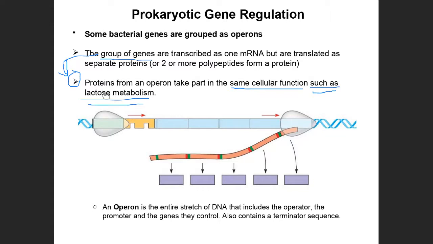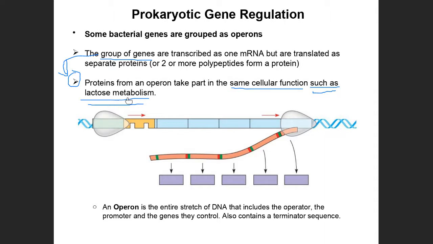Lactose is a disaccharide made up of 2 monosaccharides. Prokaryotes such as the bacterium E. coli will take lactose, break it down into its monosaccharides, and use those monosaccharides to produce energy or to transform into other compounds. So lactose is a nutrient that needs to be metabolized or broken down.